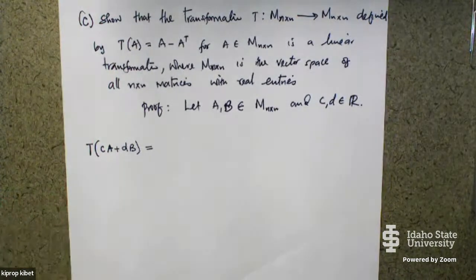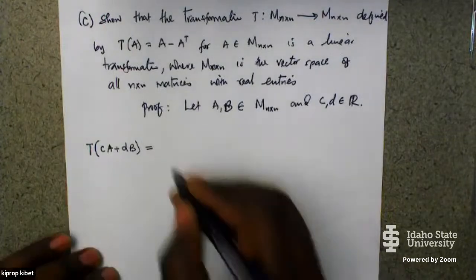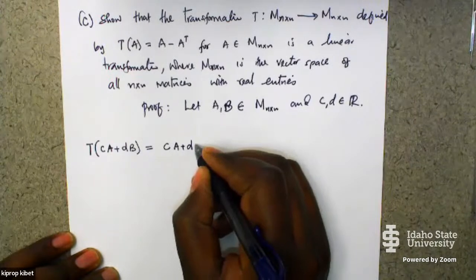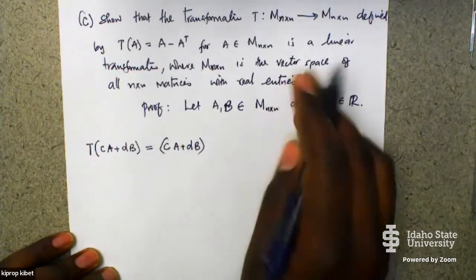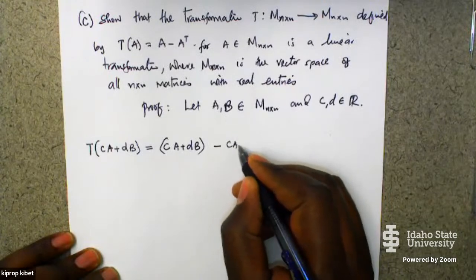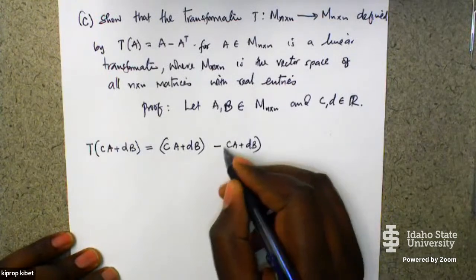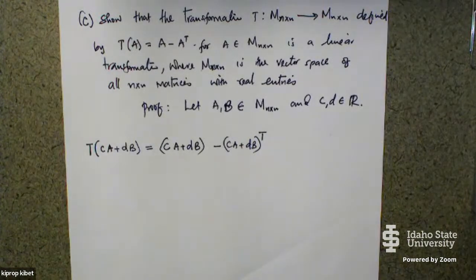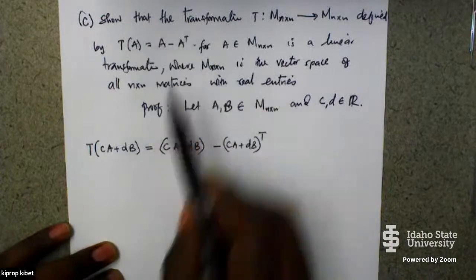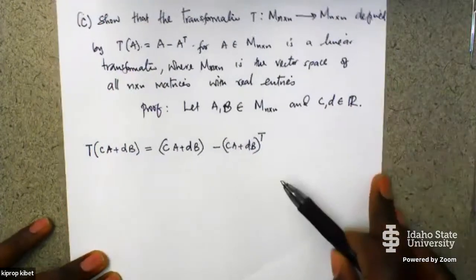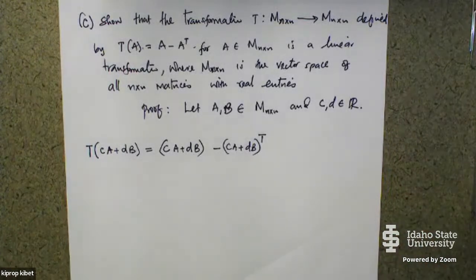So what will it give us? It will give us CA plus DB, just like this one over here, minus the transpose of CA plus DB. But we want to check whether this is a linear transformation using our definition.